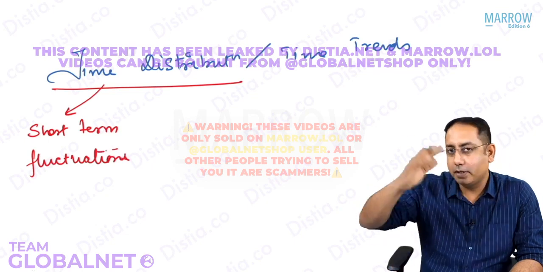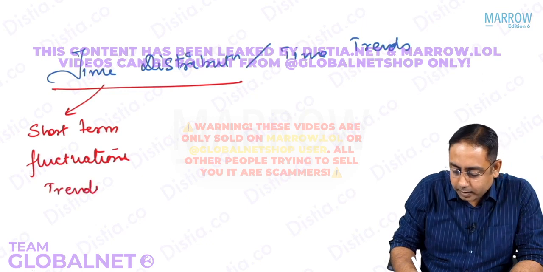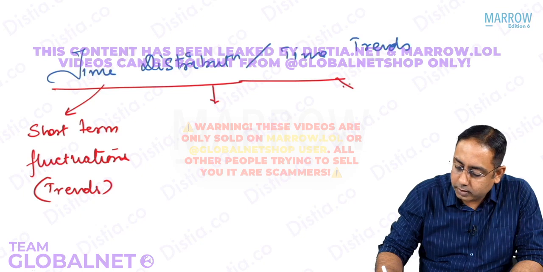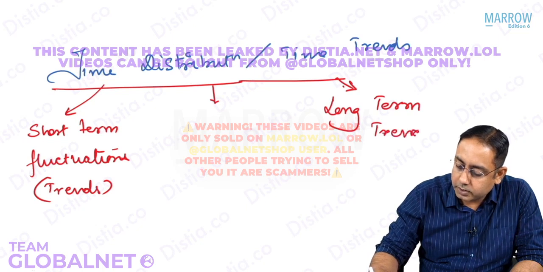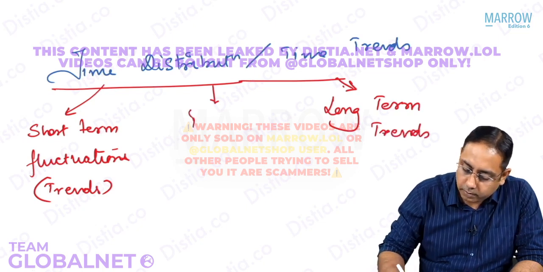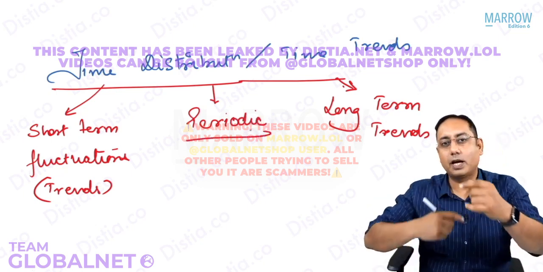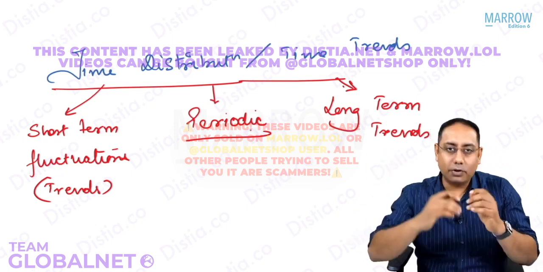Fluctuation is what? Something which increases, decreases. So short-term fluctuations or the short-term trends. We will also talk about long-term fluctuations, long-term trends. And we also need to talk about the periodic fluctuations. Periodic means which happens again and again. So short-term trends, long-term trends or periodic.